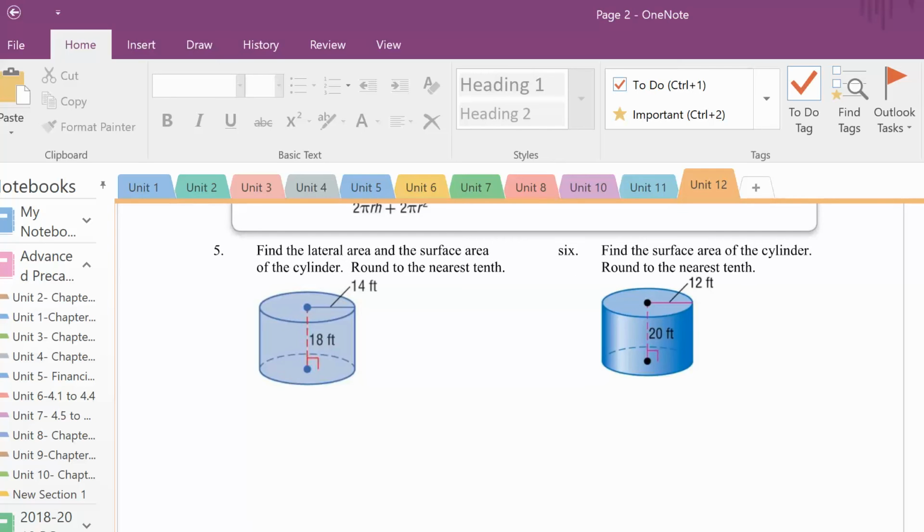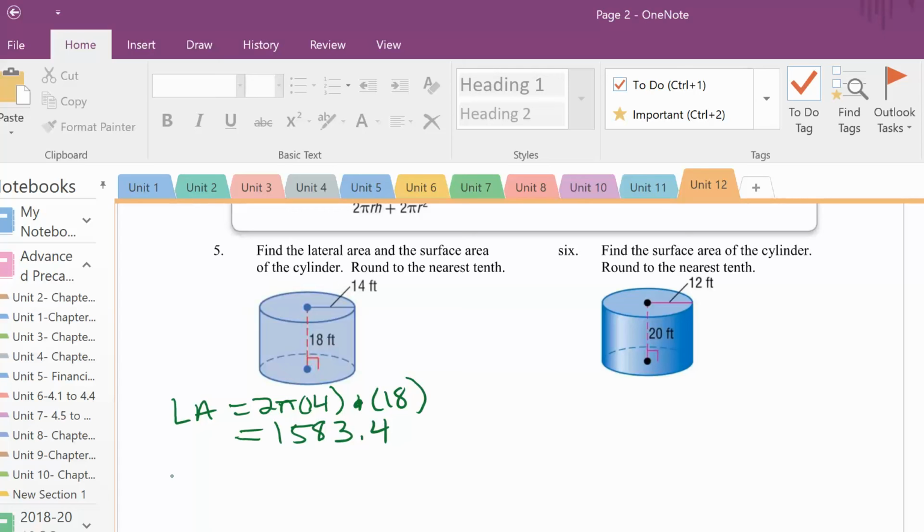So if it wants you to find the lateral area and surface area of the cylinder, well, the lateral area is equal to the perimeter of the base, so 2 times pi times 14, times the height, which is 18. When you put that in your calculator, the lateral area is 1,583.4.